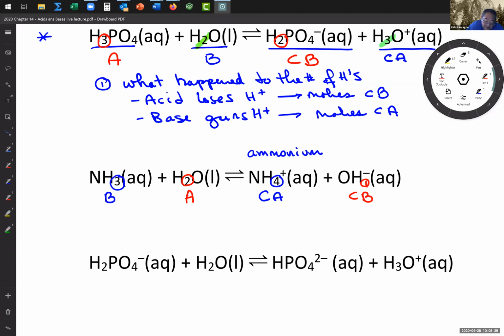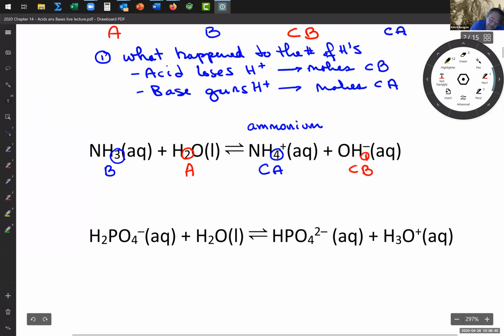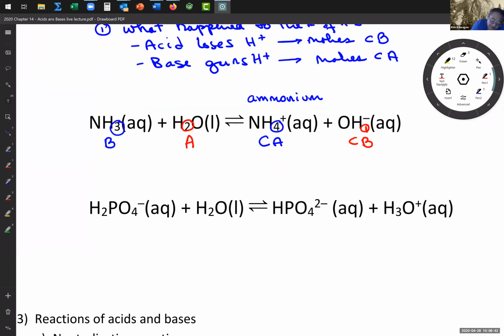There'll be questions like this. Identify conjugate acid-base pairs. So this is the word that we'll use. I think I forgot to mention that in actual lecture last night. So conjugate acid-base pairs.